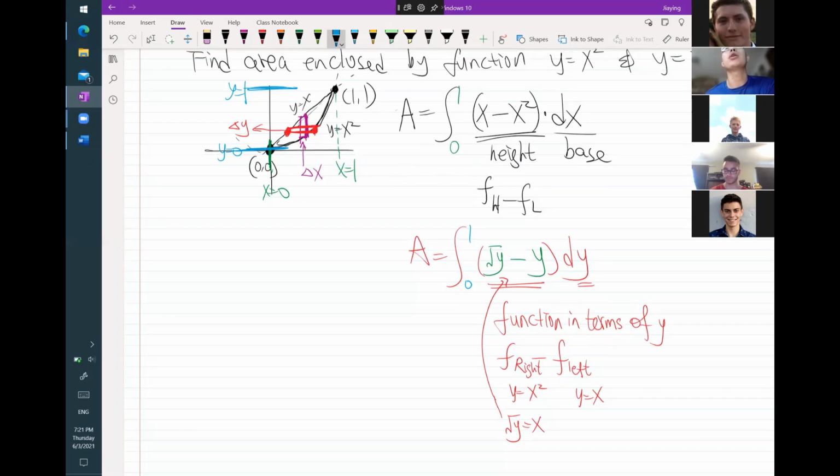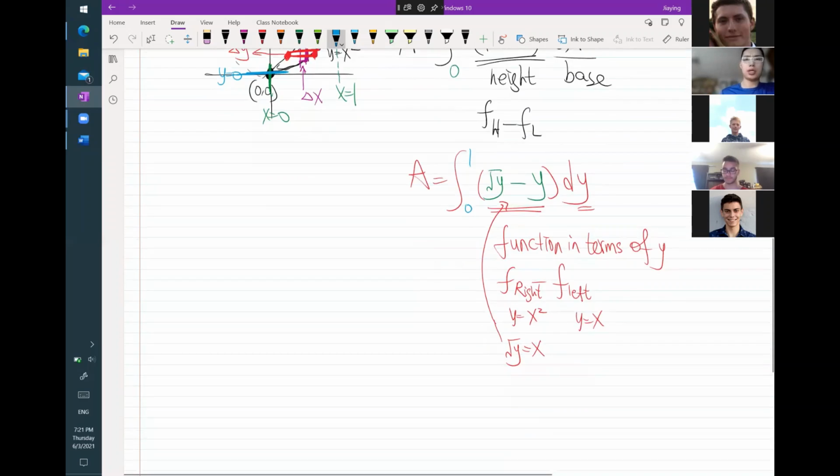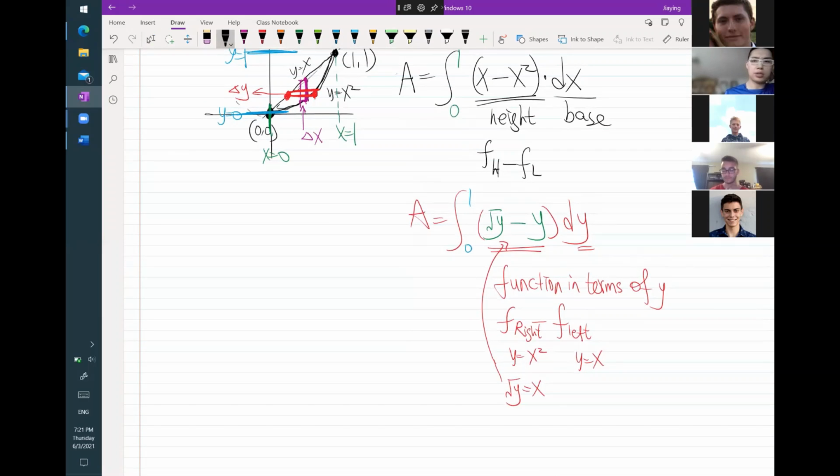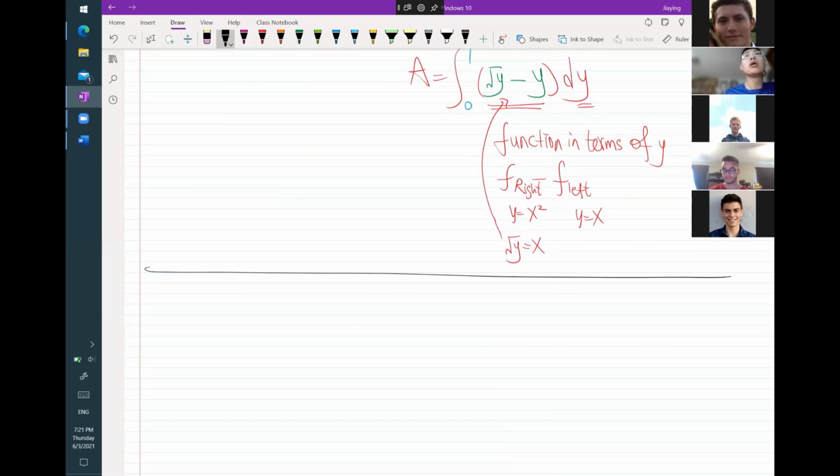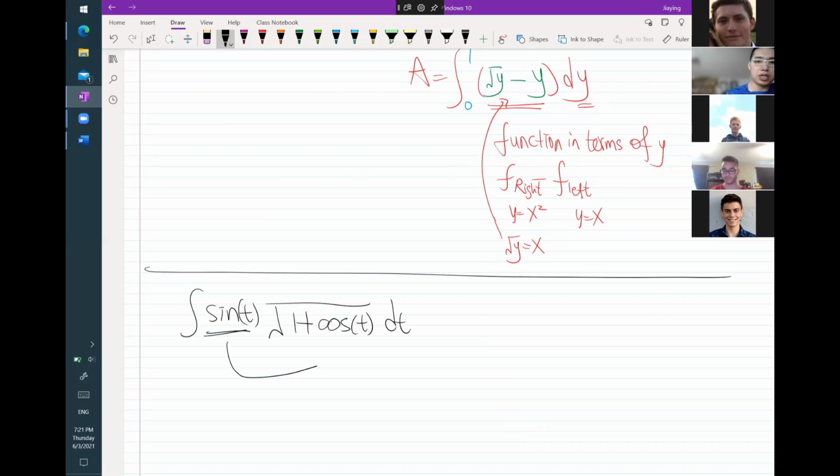All right, any other questions that I should mention? There was one question in the homework that was integrating sine t square root of 1 plus cosine t dt. This one is just like the very first question Christopher asked. You're going to have to use u-substitution, because sine t looks like the derivative of 1 plus cosine t, since the 1 becomes 0 when you take the derivative.